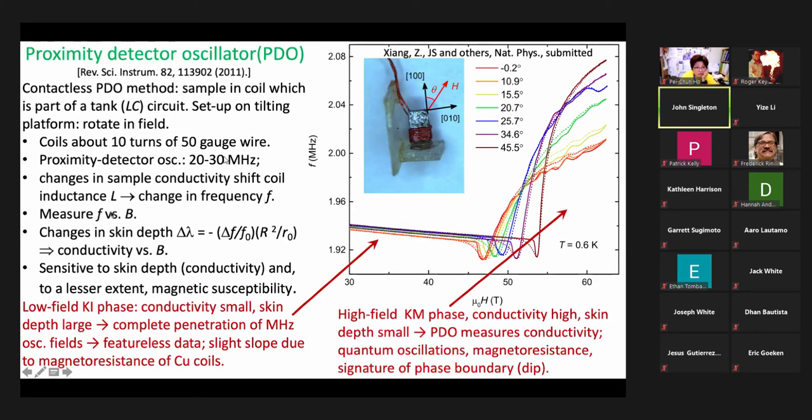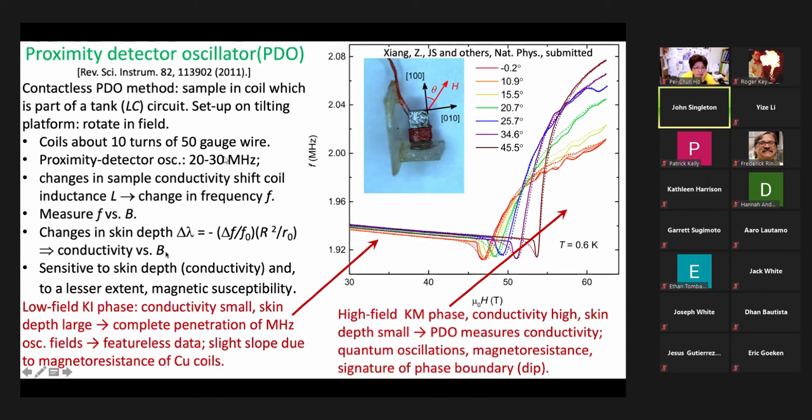So we just measure the frequency versus the magnetic field, and changes in skin depth of the sample, which is the amount of penetration that you get of oscillating fields, will go like this. The skin depth depends on the conductivity. So if you get changes in conductivity, you get changes in skin depth, and you get changes in frequency. So you can get out something that looks like conductivity versus magnetic field.